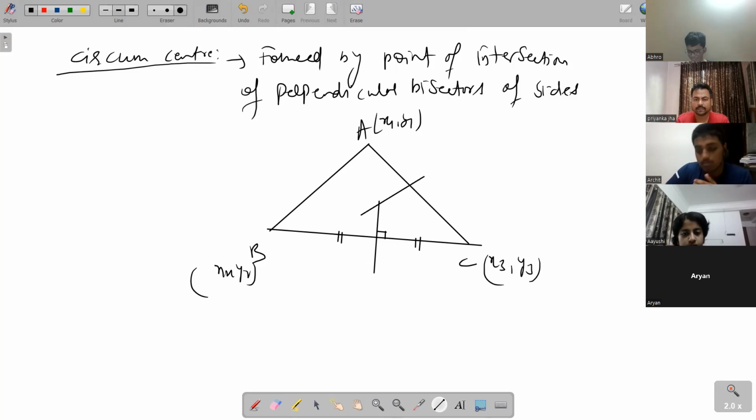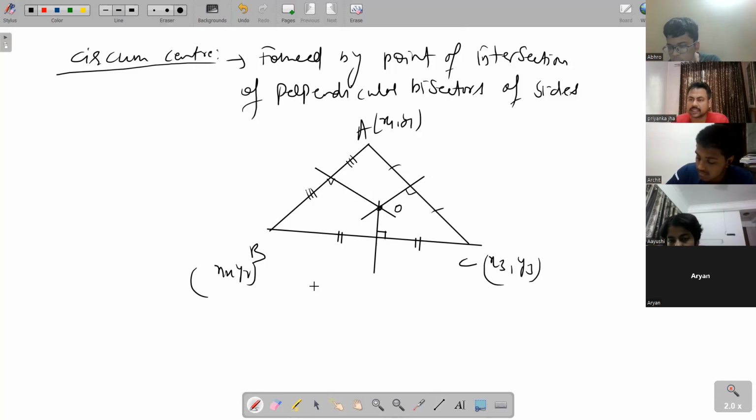So same thing over here and same thing over here. This point is concurrent. So this line will bisect this line and perpendicular to this, and this will bisect this and perpendicular to this. So this is your circumcenter. You can denote this by O or C by any point. Suppose O.